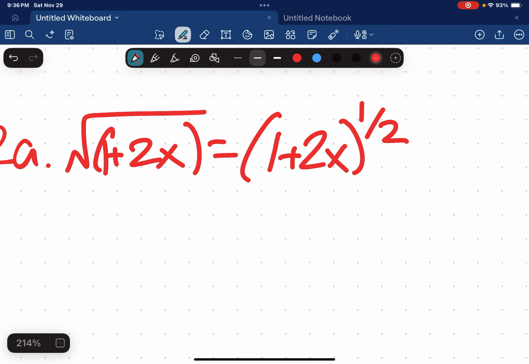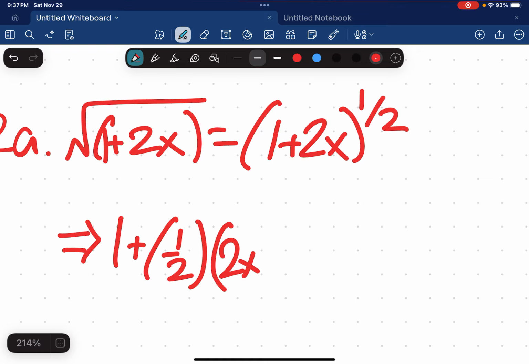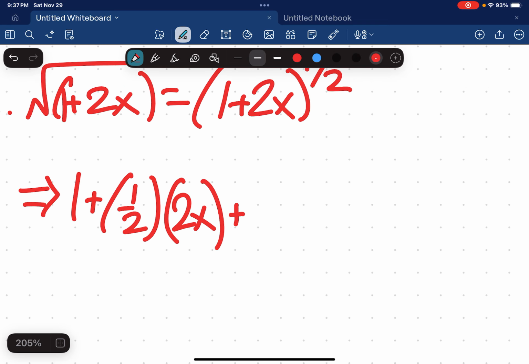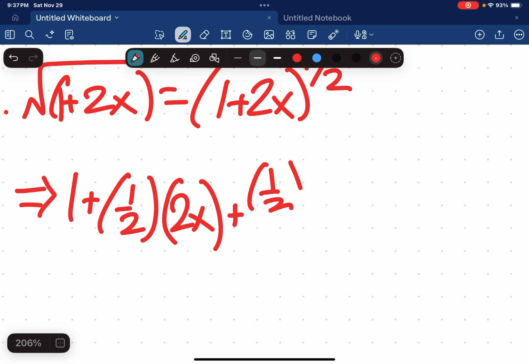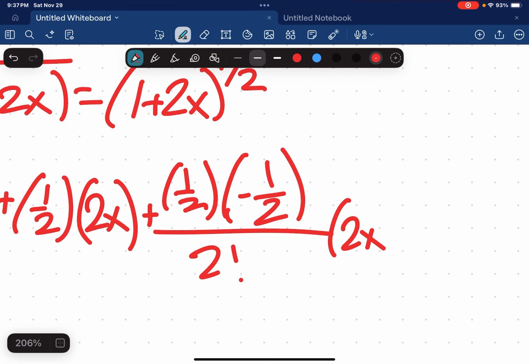And using our definition from earlier, we can rewrite this as 1 plus 1/2 times 2x plus 1/2, 1/2 minus 1, which is negative 1/2, over 2 factorial 2x squared.